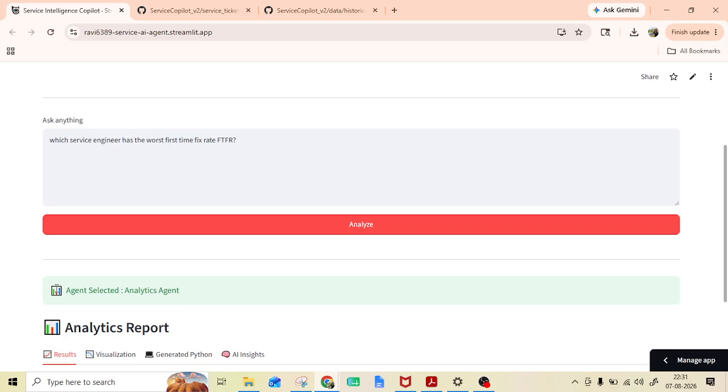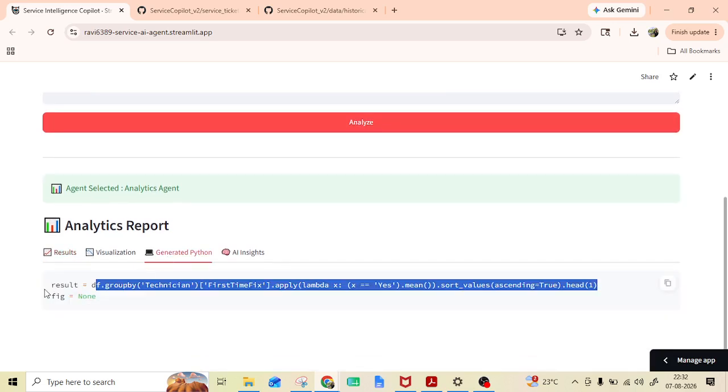This is the beauty of it. We asked two different types of questions. First, related to the historical tickets, referring to them to resolve a new one, and then we also asked a few simple questions in natural language, and the AI agent actually writes the Python code.